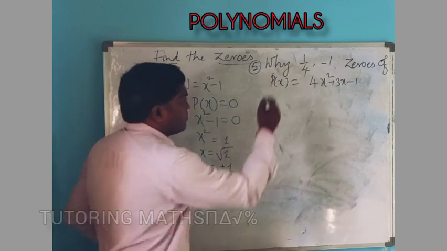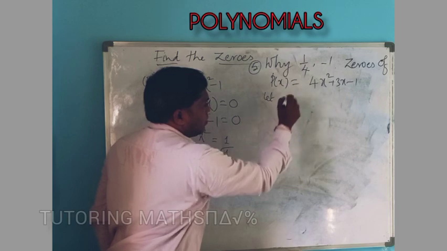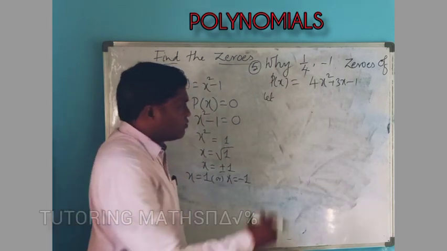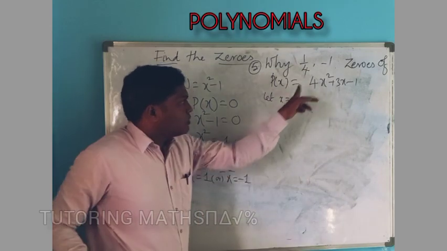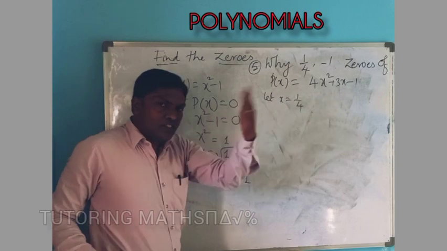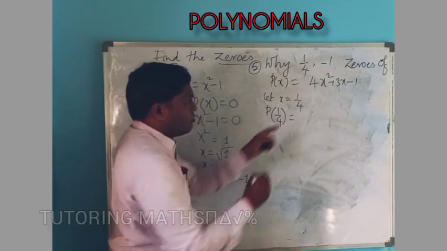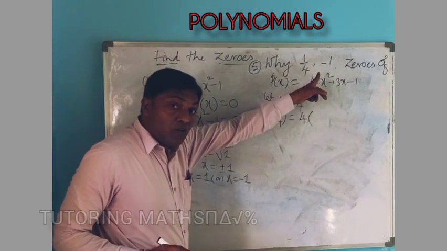Let us substitute. Let P of x is equal to 4x square plus 3x minus 1. Now let x is equal to 1 by 4. Just go and substitute. P of 1 by 4 is equal to 4 x square, but what is the value of x?